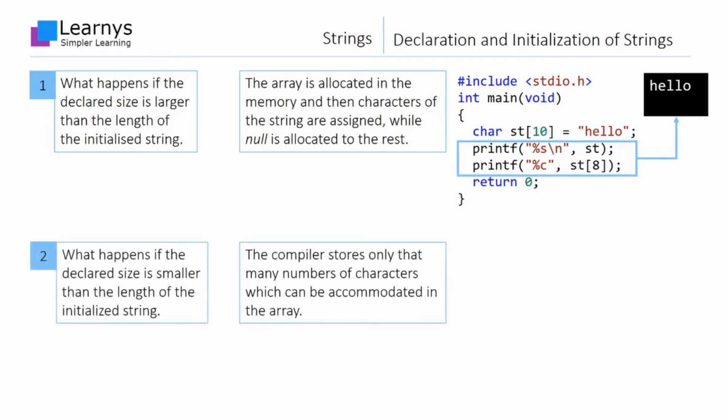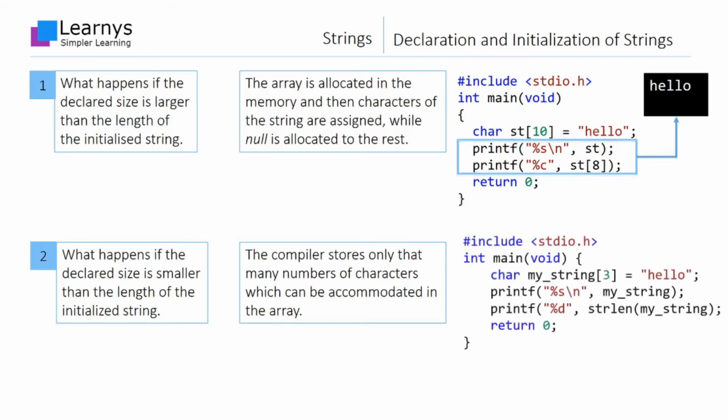In the second case, when initializing with strings which are larger than the available room in the array, the compiler stores only that many characters which can be accommodated in the array. Considering the code displayed on your screen, the string HEL is stored in the array and no null character is appended at the end because there is no room for it.